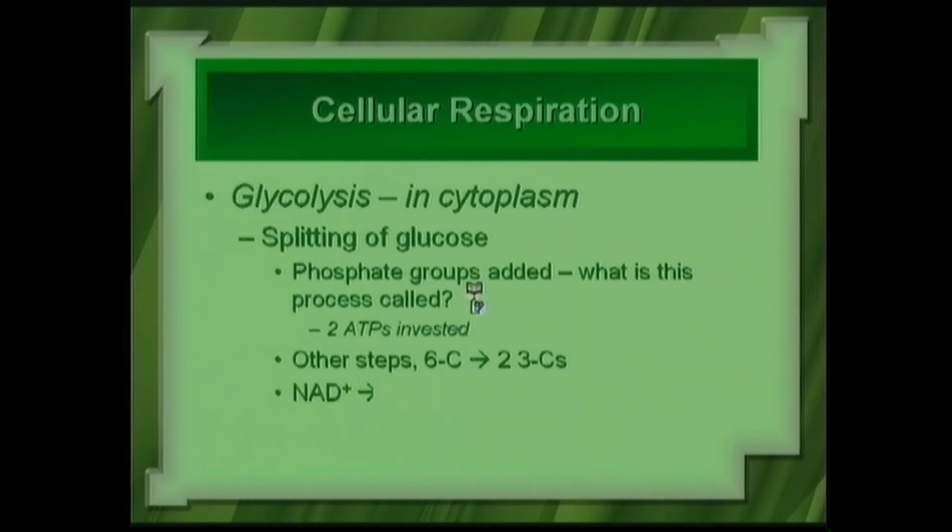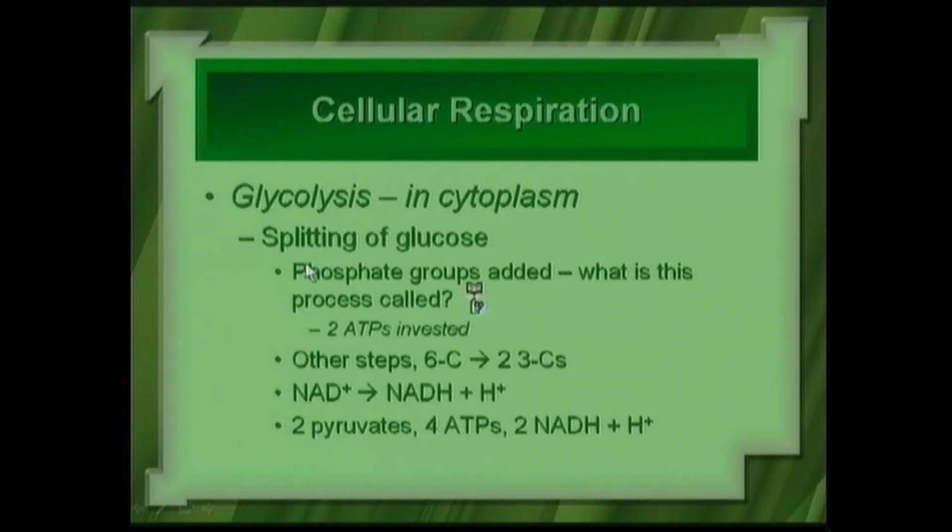You also have NADH made from NAD plus a hydrogen ion. At the end of glycolysis, you end up with 2 molecules of 3-carbon pyruvate plus 4 ATPs.